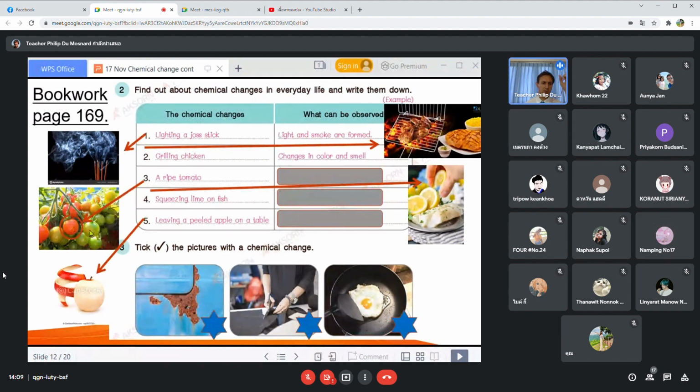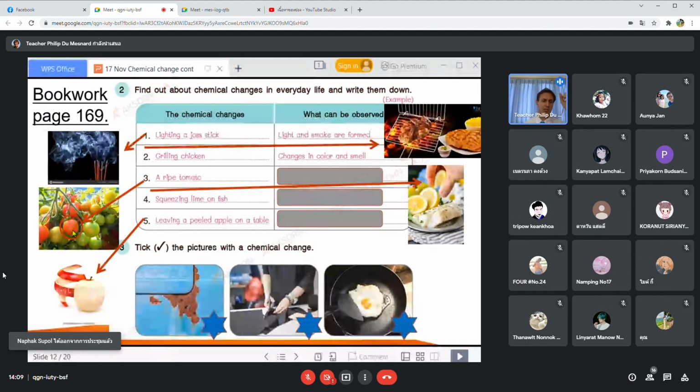So how does the tomato change? We have the green tomato, and then if you wait, it will change and you can eat the tomato. So how does it change? How does the ripe tomato differ from the green tomato, or are they the same?